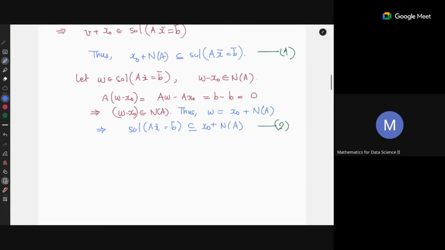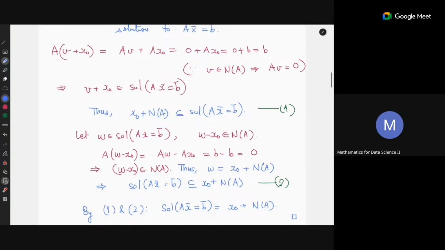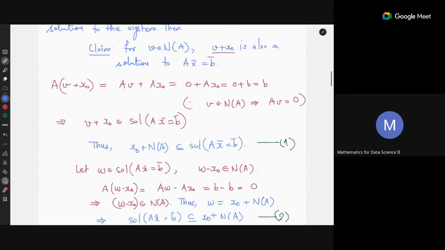So by 1 and 2, we have proven that the solution set of Ax equal to b is equal to x naught plus the null space of A. I don't think I need to give any more detailed proof than this, and everything is clear to you. Okay.